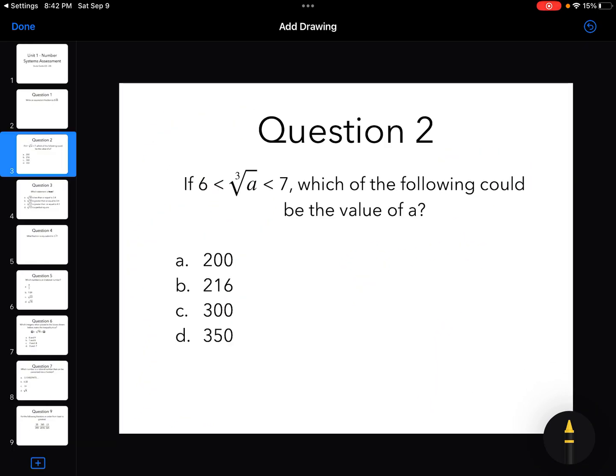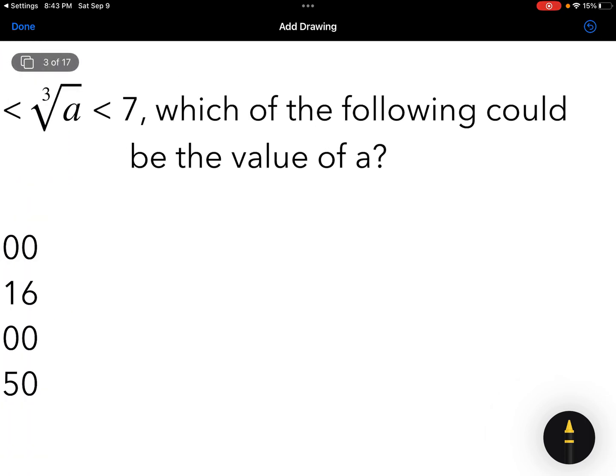Number 2, it says if 6 is less than the cubed root of a, and that's less than 7, which of the following could be the value of a? Well, I know my cubed roots, so I'm thinking of my cubed roots. Remember, we've been doing quiz trade with our cubed roots. So we've got to think 1, 8, 27, 64, 125.